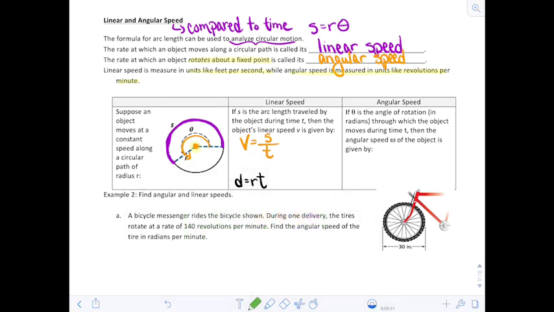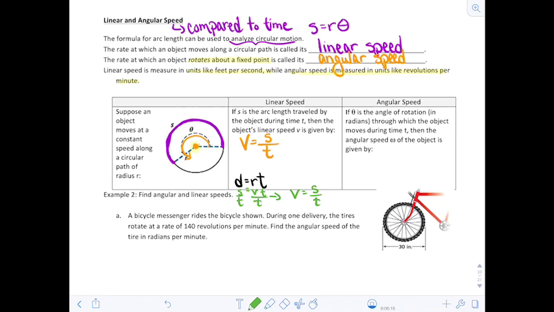Distance is really your arc length around, that's your s. Your speed or your rate, that's your velocity, and time is still t. So if I take d equals rt and turn it into distance being arc length, rate being represented as velocity, and I solve that for velocity, I have velocity or speed equaling arc length over time. So this is no different than the formula that you learned back in middle school or 9th grade.